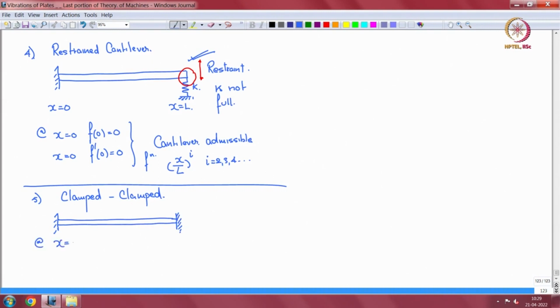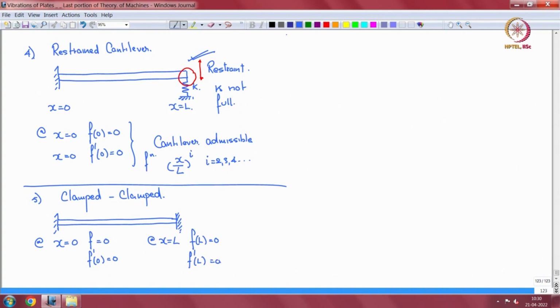At x equal to 0, f will be 0 and f dash will be 0, and at x equal to L also, f of L is 0 and f dash of L is 0.